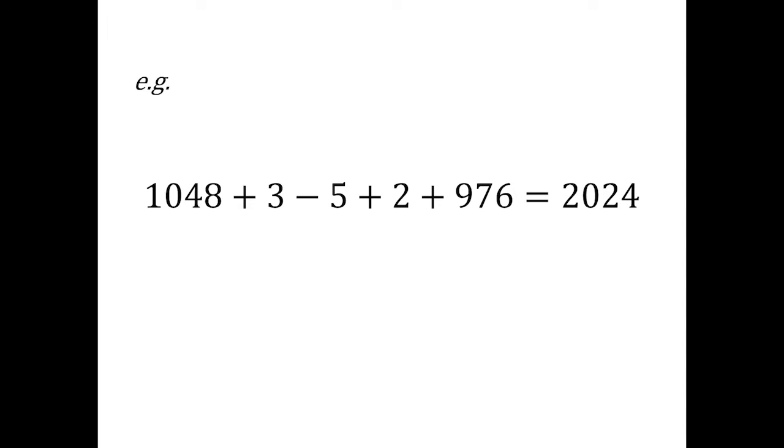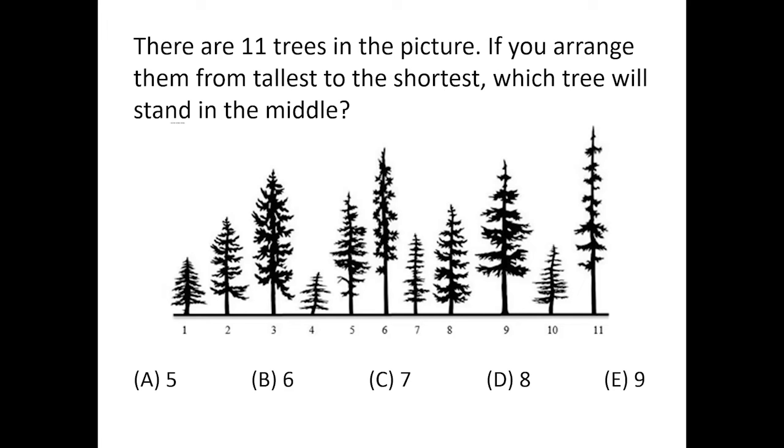Another question that comes from the Mathematics Challenge question papers. There are 11 trees in this picture. If you arrange them from tallest to shortest, which tree will stand in the middle? This question was in the grade 4 paper, and it helps learners in determining the middle or the median of a set of numbers.